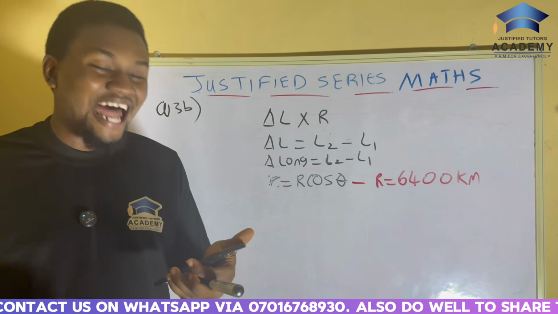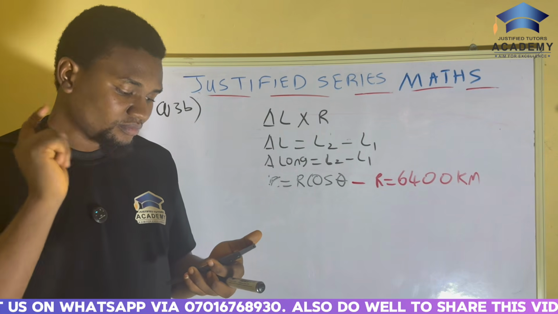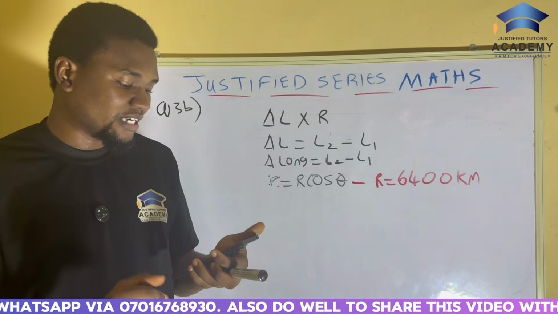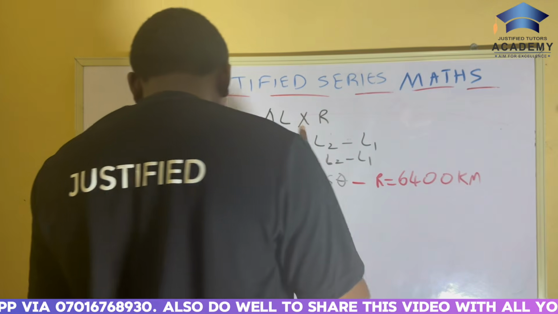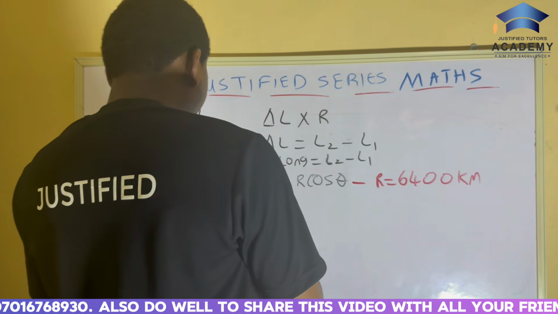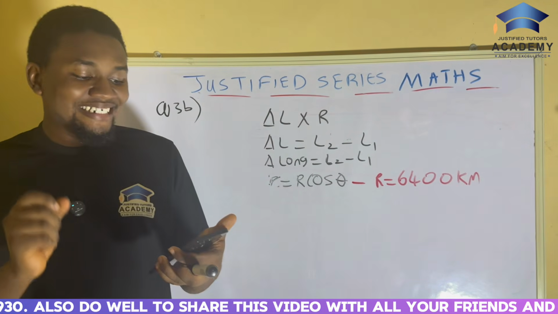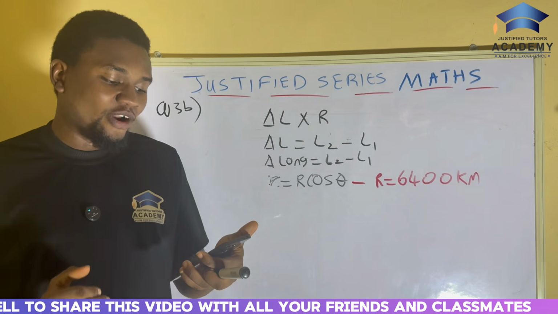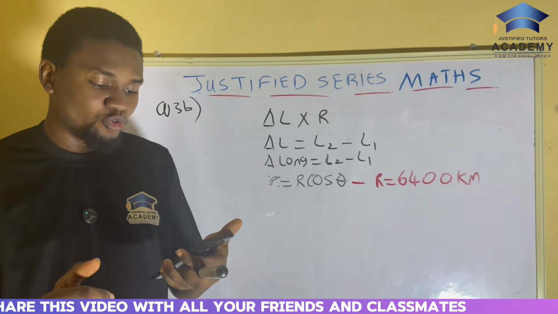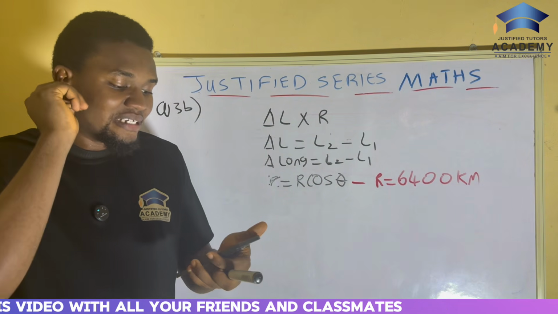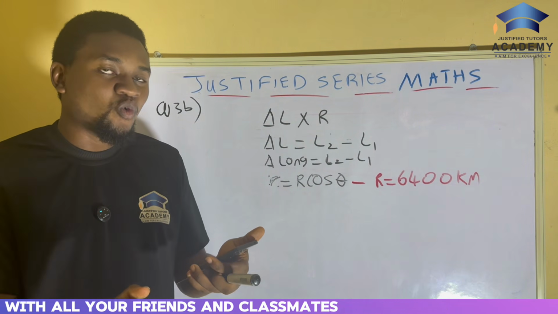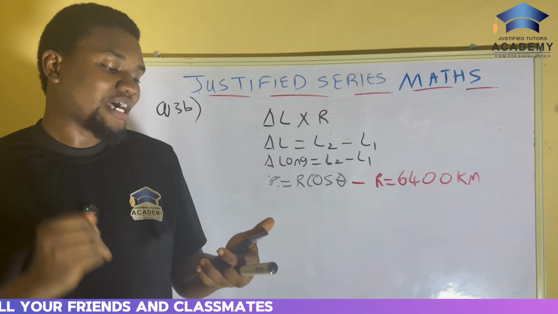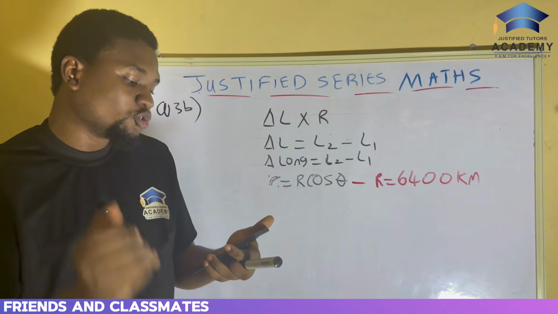Now, the next one is the distance along the great circle. Listen carefully. The distance along the great circle is also known as along the lines of longitude or the equator.